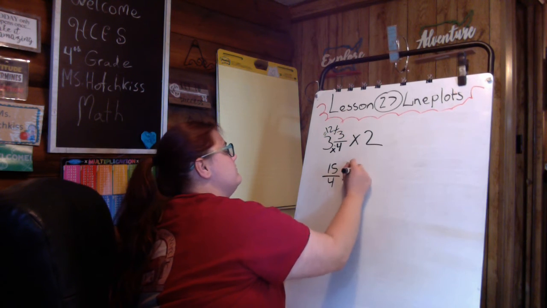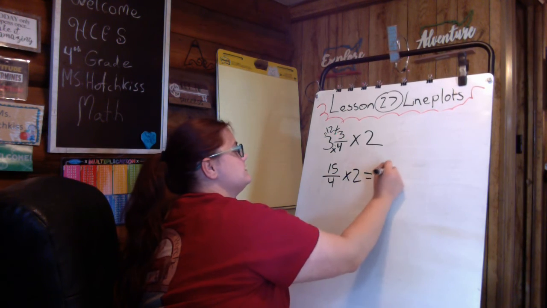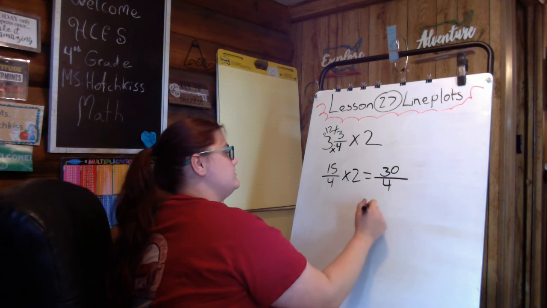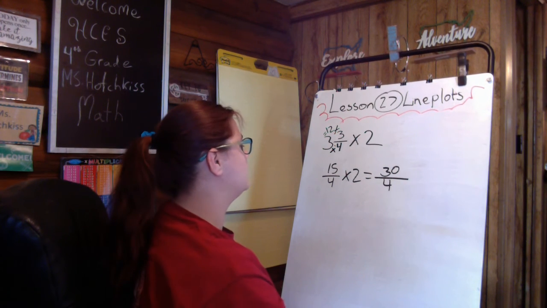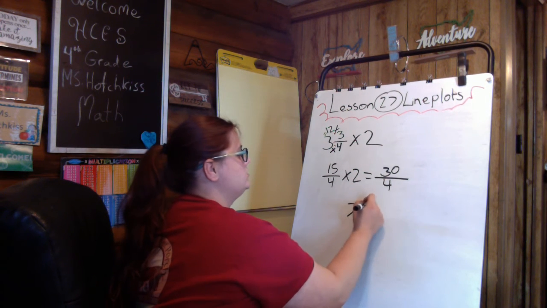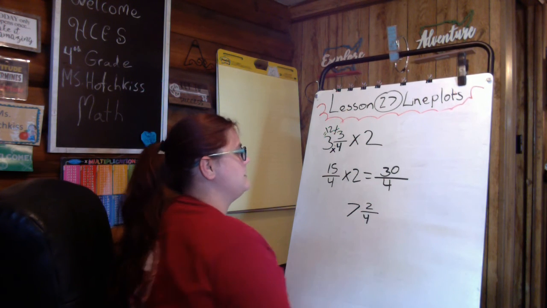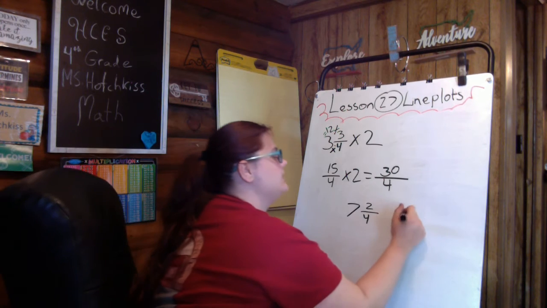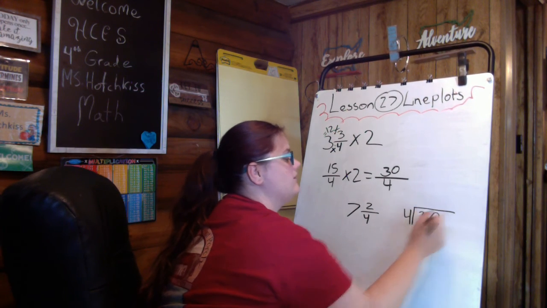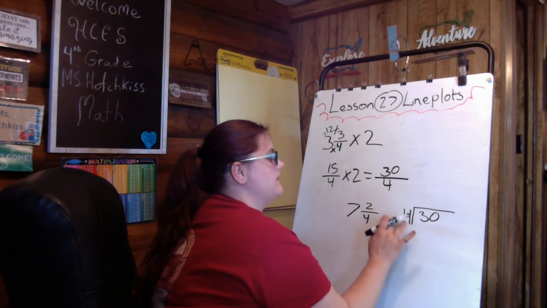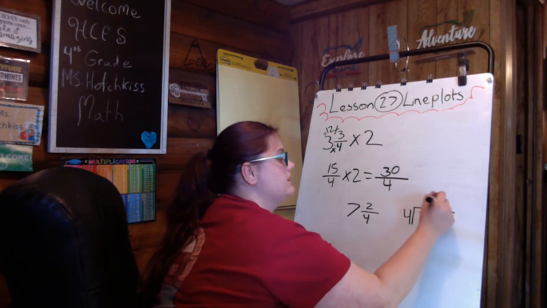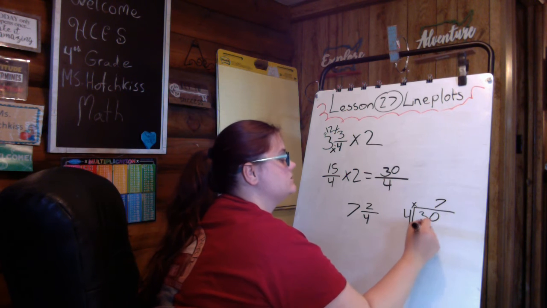And then we can multiply it. 2 times 15 is 30. We divide by the bottom. 30 divided by 4 is 7 and 2/4, I believe. I'm doing that mentally. If you can't do it mentally, you're going to have to do it the long way, which is the denominator goes outside the house. 4 does not go into 3, but 4 goes into 30 7 times. 7 times 4 is 28.